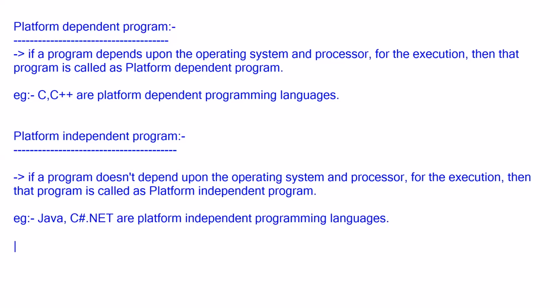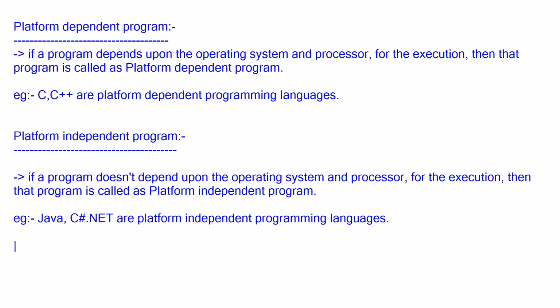Why? Because their programs do not depend on the operating system and the processor for the execution. Then how do they execute? They are executed without depending upon the operating system and processor. So that's why they are called platform independent languages.